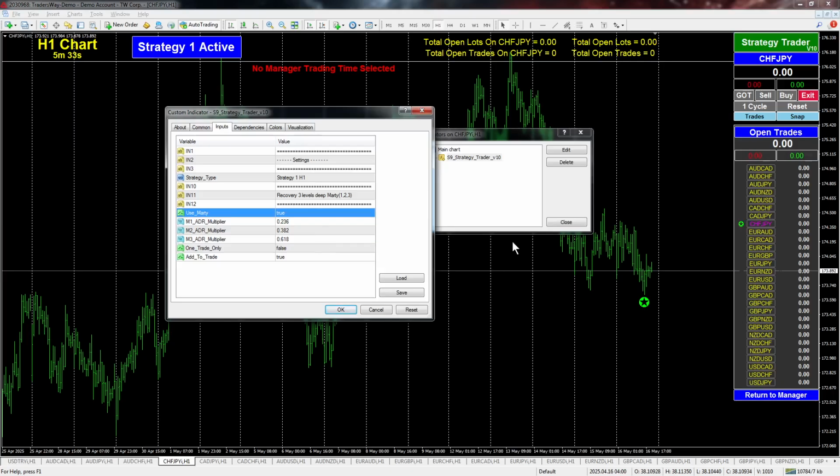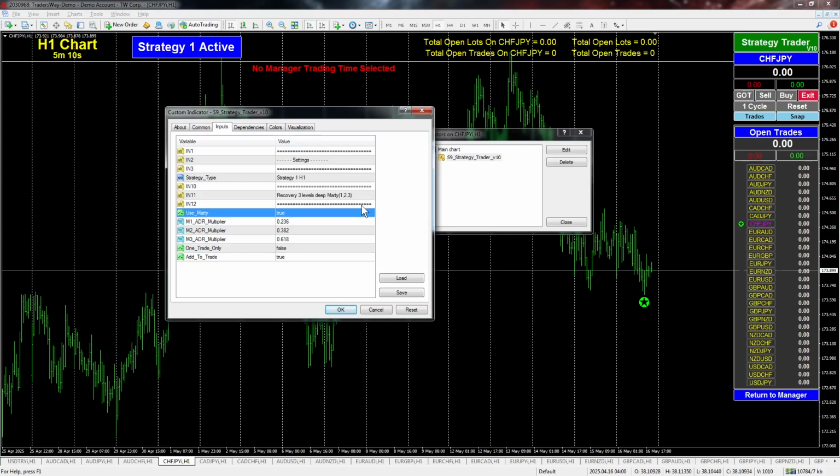And what that does, when it opens a trade, it'll put those 3 lines on the chart. So if the trade goes against you in that direction and hits those, it will put on another trade. And in this case, it uses a 1, 2, 3 multiplier.